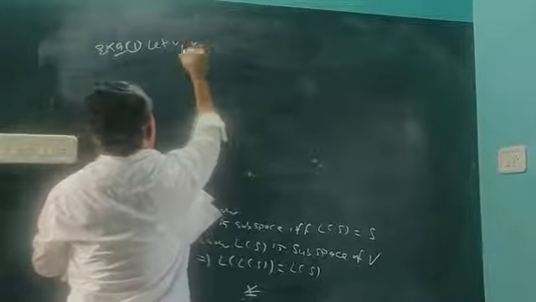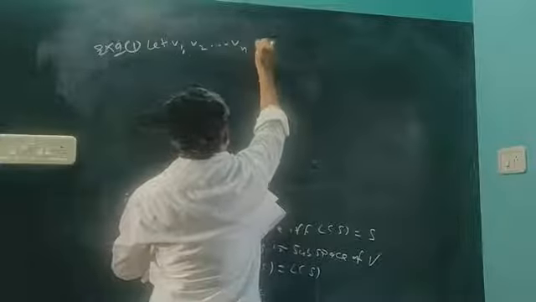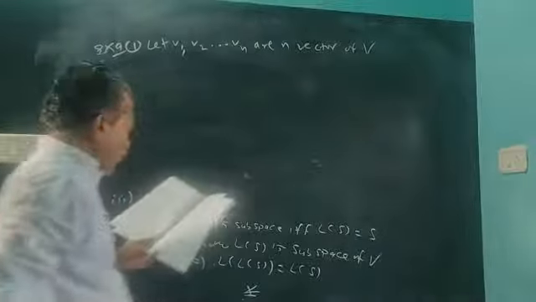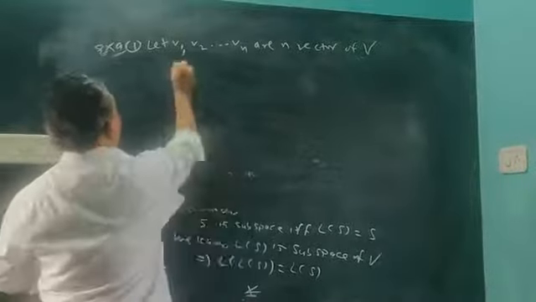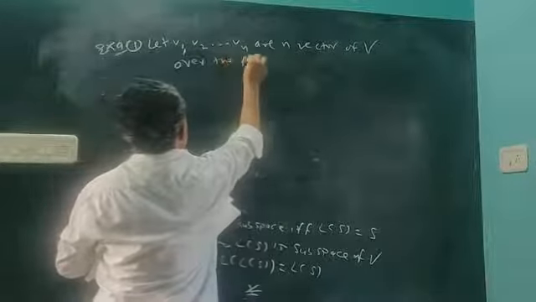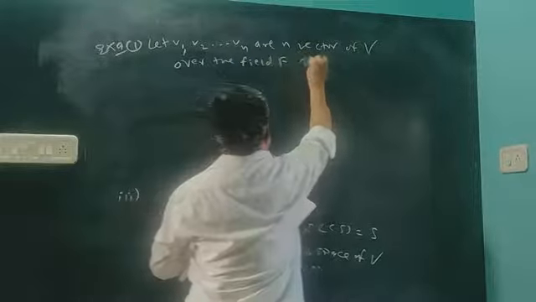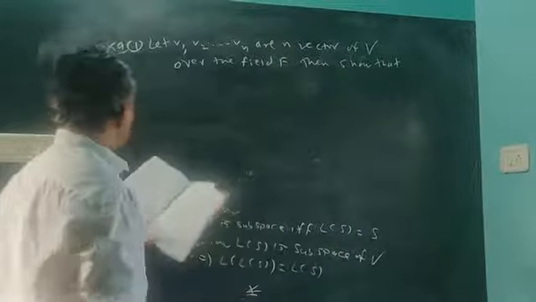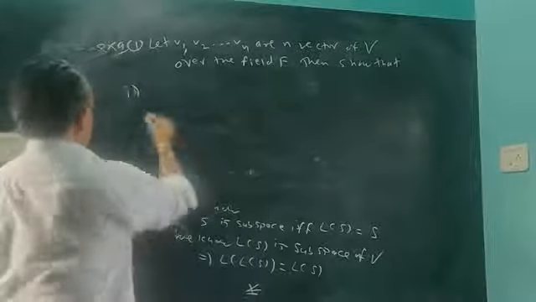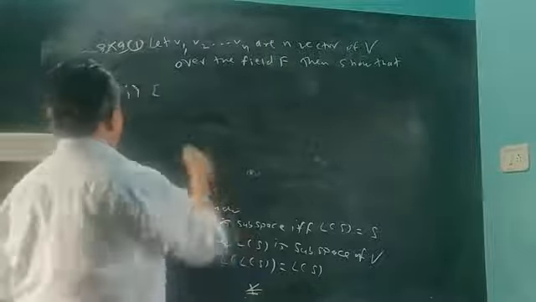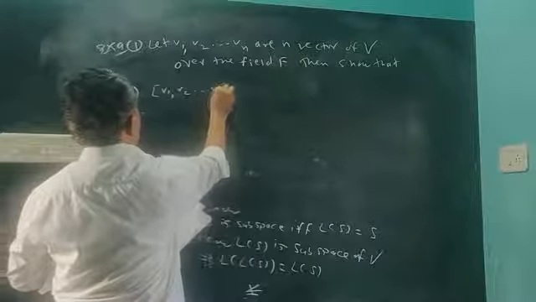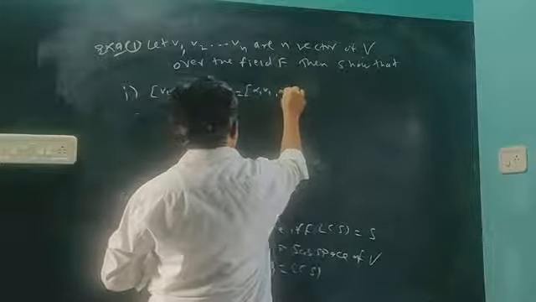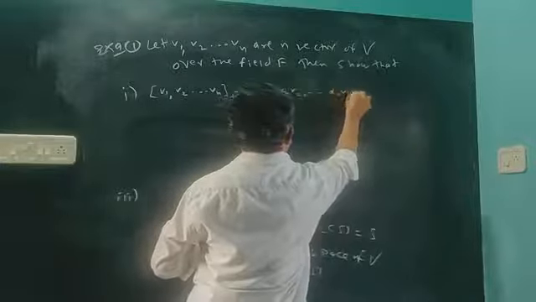Let v1, v2 up to vn be n vectors of V over the field F. Then show that first point, span of v1, v2 up to vn equals span of alpha 1 v1, alpha 2 v2, up to alpha n vn.